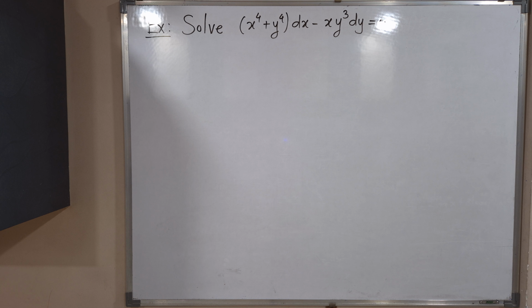We have the derivative of x only. The derivative of x with respect to x is 1. So minus y cube into 1 is minus y cube. The first partial derivative, ∂M/∂y, is 4y cube. ∂N/∂x is minus y cube. Both of them are different. That means the given differential equation is non-exact.